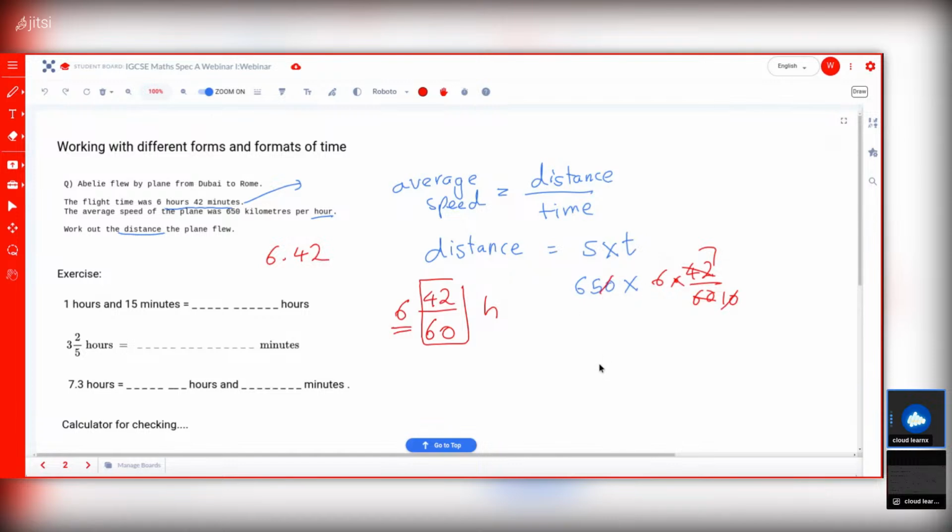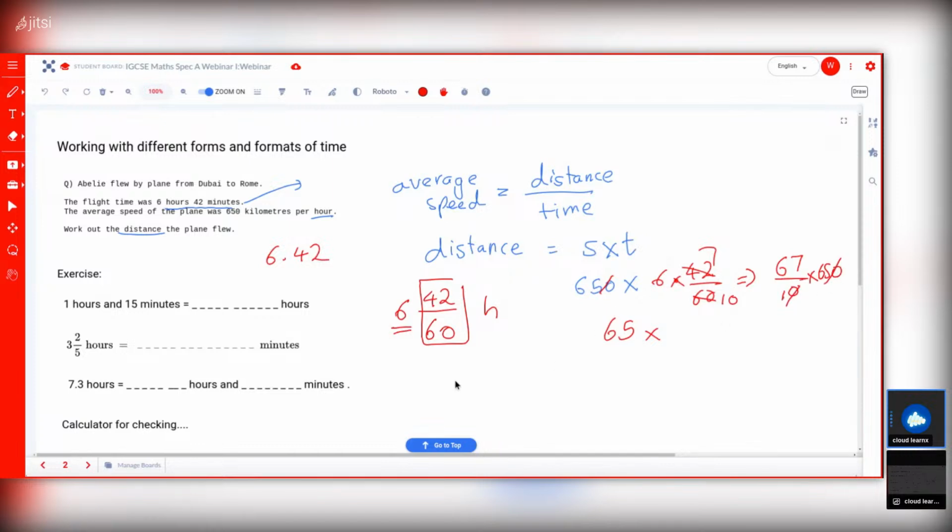So it'll be 7 out of 10, and then you can convert this into 67 over 10 times 650.